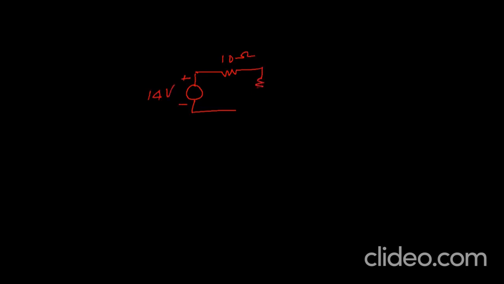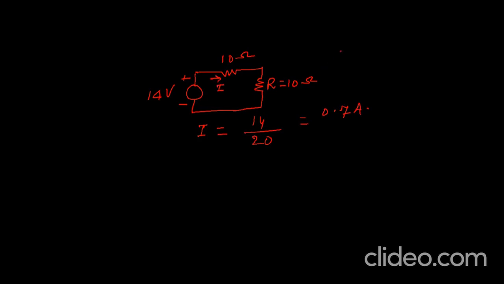And here RAB, whatever resistance I have taken out, that is the R, and it is also equal to 10 ohm for maximum power transfer. So now we can find the value of current I, that is equal to 14 divided by 20, means 0.7 ampere. This is the current flowing here.